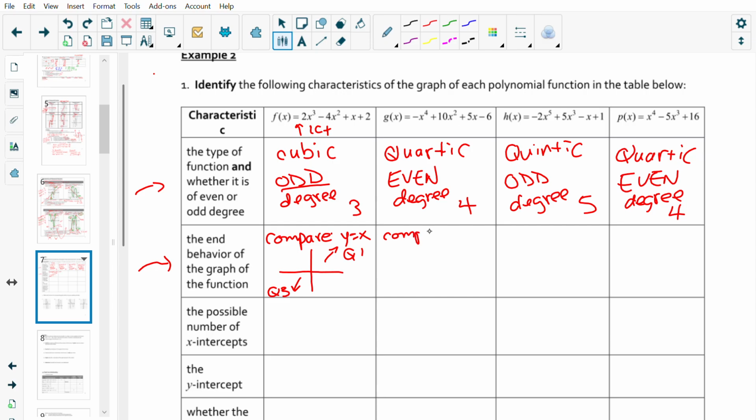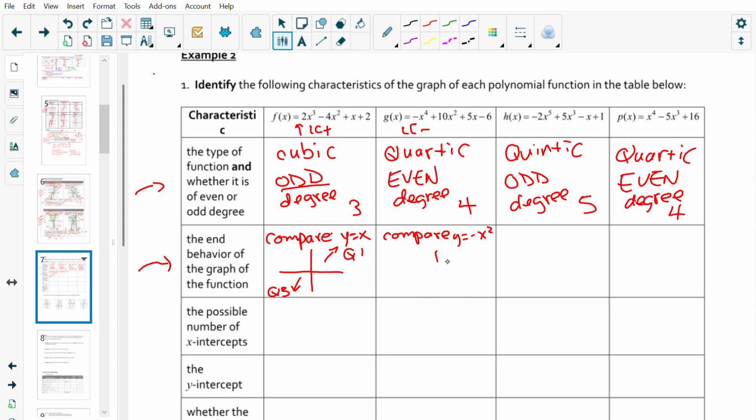What about a quartic function? The LC, the coefficient, is negative. So I'm going to compare it to y equals negative x squared. What we know about negative x squared is that it opens down. So I'm going to do my arrows like this.